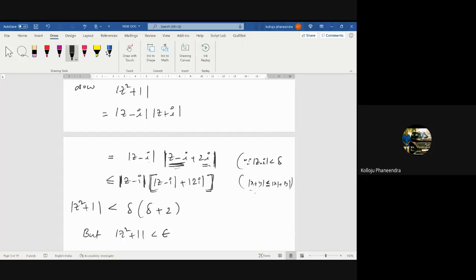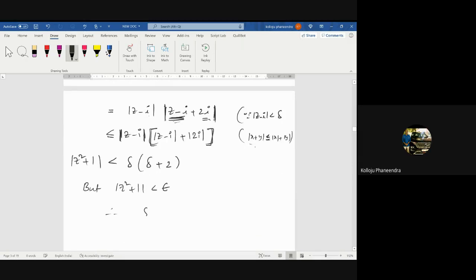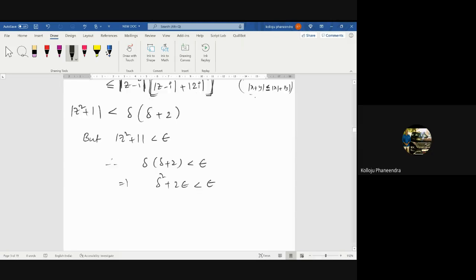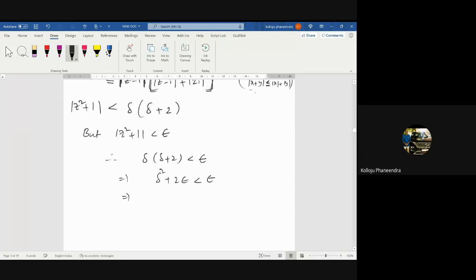Therefore, what do I have? Delta into delta plus 2 is less than epsilon. That is, delta square plus 2 delta less than epsilon. I can write a plus b whole square, meaning delta plus 1 whole square. Sorry, this is 2 delta.